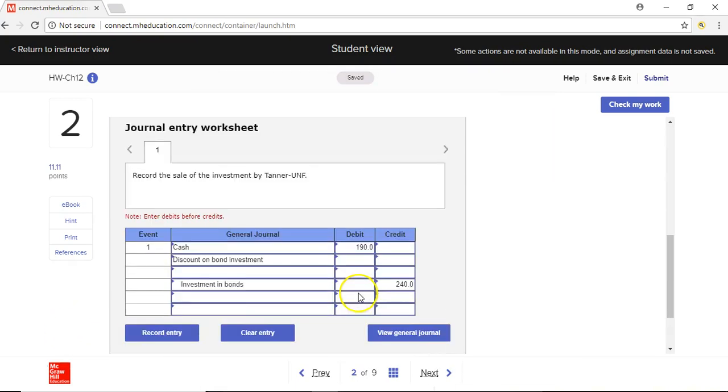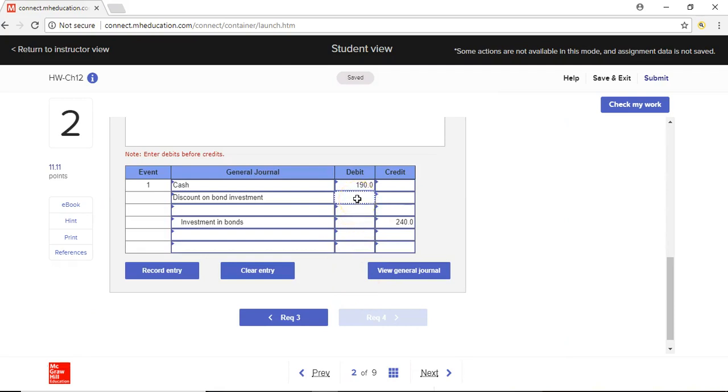The unamortized discounts now is only $39.2 million. So we are going to retire $39.2 million of discounts on bond investments. So by these two amounts, we retire the book value of these bonds.